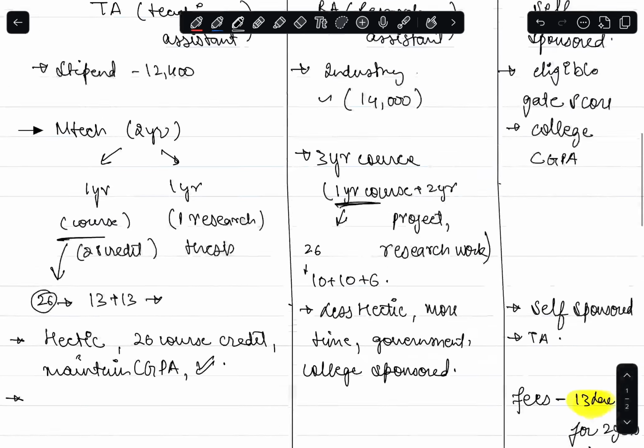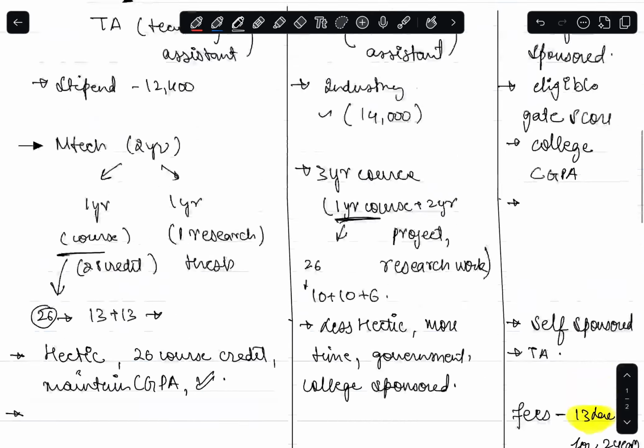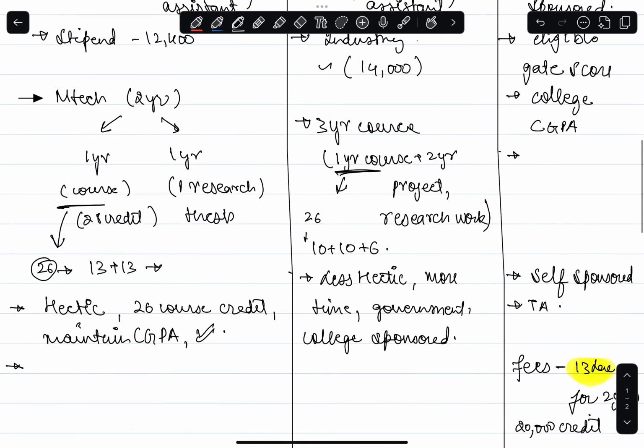So if you're getting a good branch in this self-sponsored category, it is beneficial for you to get this. I feel it is better to get this self-sponsored seat if you're getting it in a good branch like VLSI or CSPL, and even for the electrical guys, if getting power electronics and systems and control.